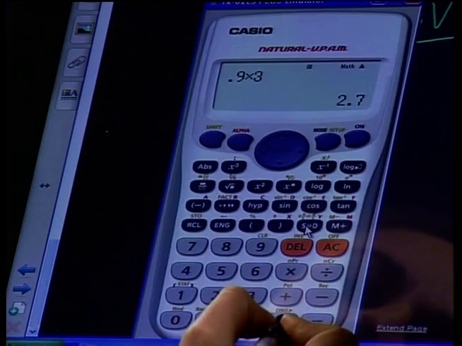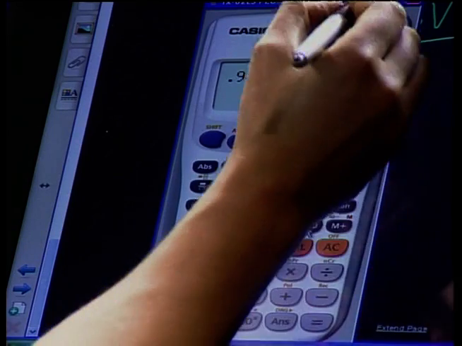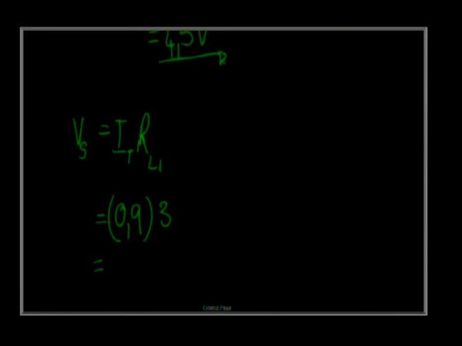So the voltmeter reading for that component is going to be 2,7 volts. So therefore, you would say that the total potential difference is equal to the potential difference for the series circuit plus that of the parallel circuit.